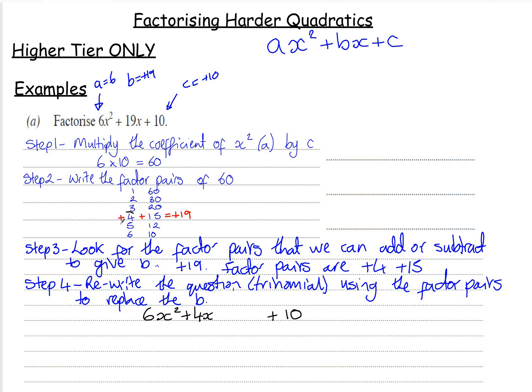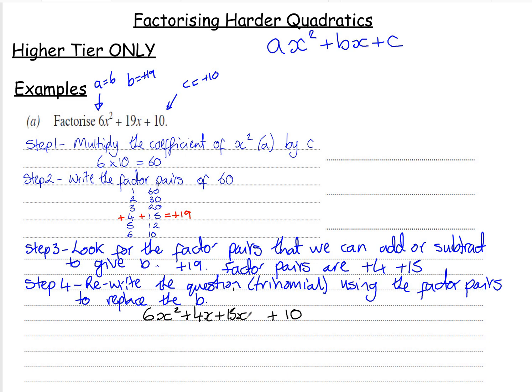So notice that this was plus 4, so that has now come here, and then this plus 15 is going to be written here, plus 15x, but we must remember to put that x there. So we've rewritten it. Next step now, I'm just going to get rid of these arrows.